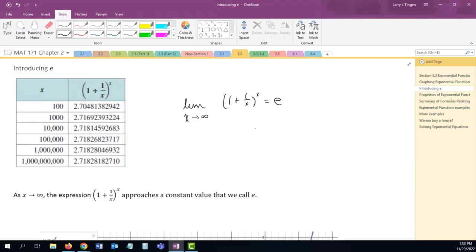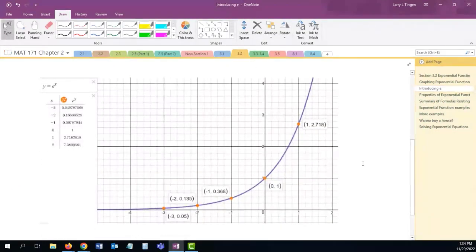What's happening as x gets larger and larger? So that's a limit. Okay, e to the x, here's a graph of it. E is just a number, so treat it that way. This is no different than if I had 5 to the x or negative 3 to the x or pi to the x. They're all numbers.